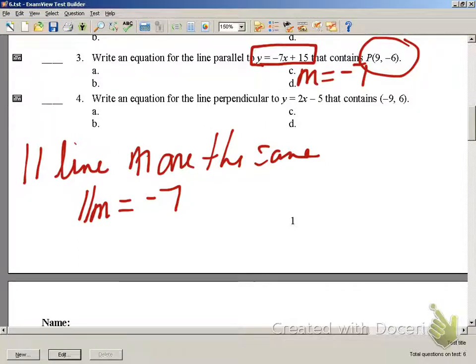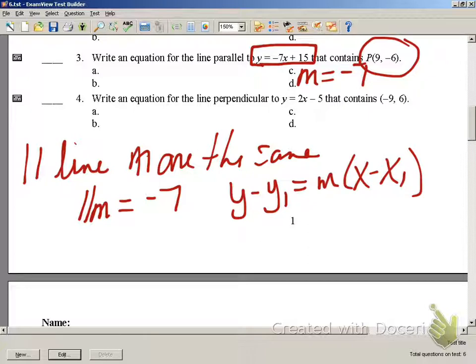So I'm going to plug that into point-slope form. Point-slope is y minus y1 equals m times x minus x1. So I have a point, I have a slope, so I'm going to plug it in. y minus negative 6 equals negative 7 times x minus 9.